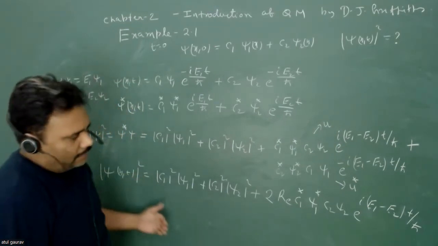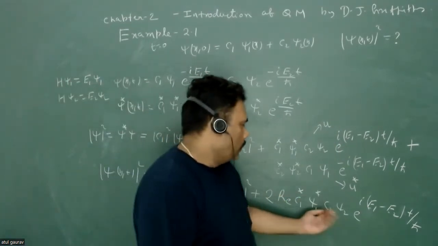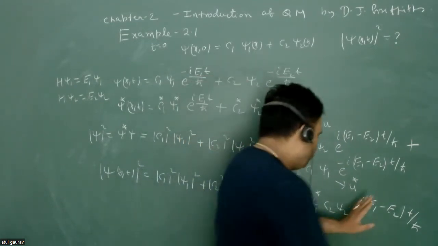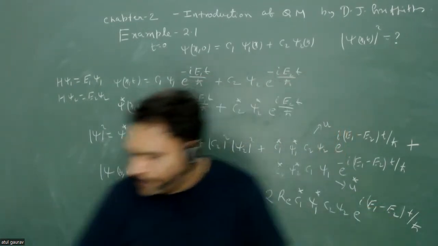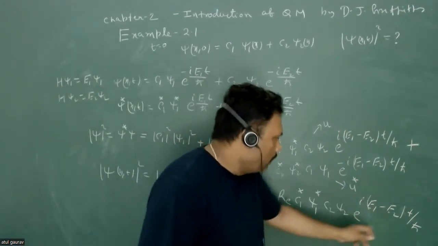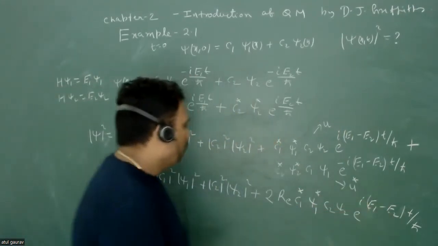But in this problem, C1, C2 and psi1 and psi2 are all real numbers. So the real part of this is also what we can take. These are all real, so the real part of this one is nothing but the cosine term.